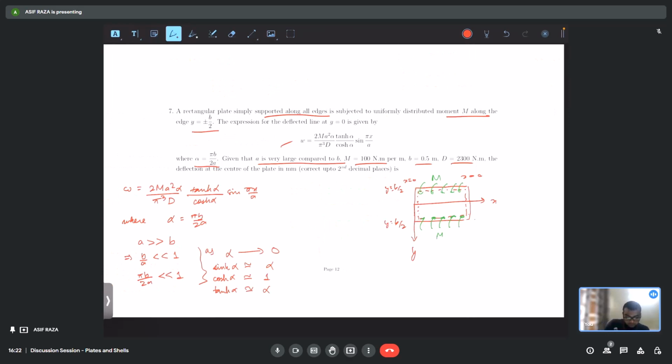We need the deflection at the center of the plate.